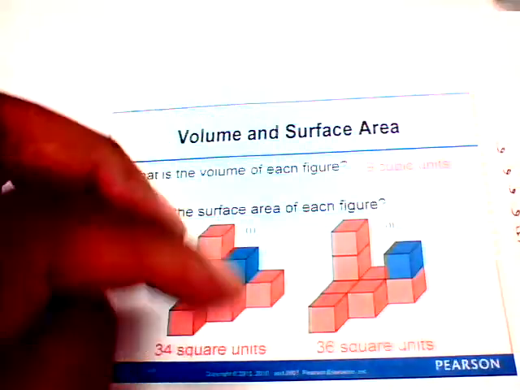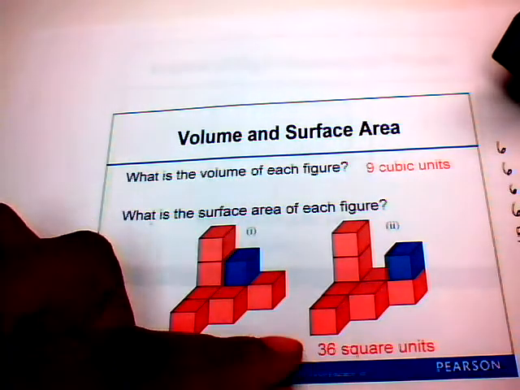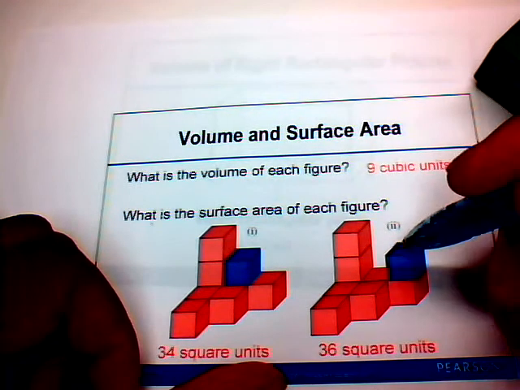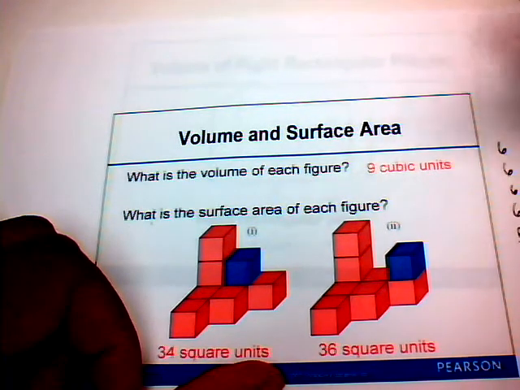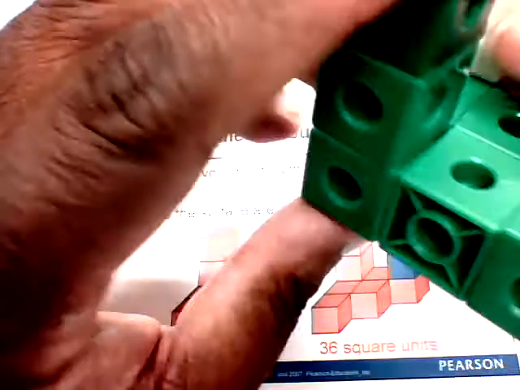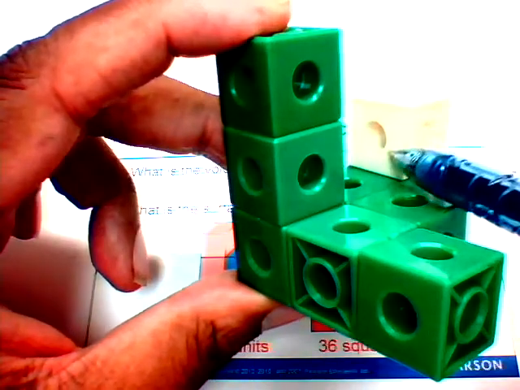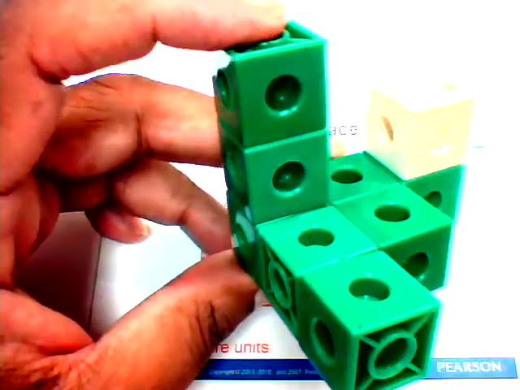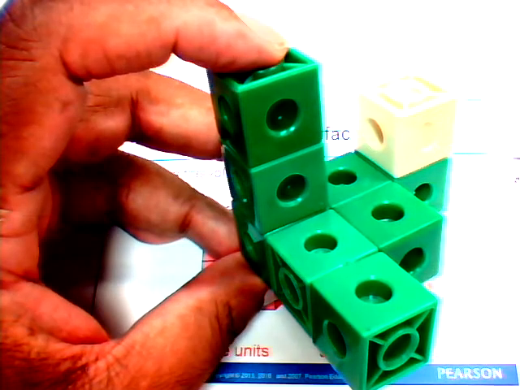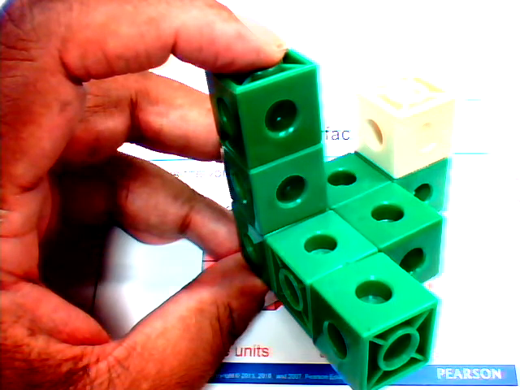Okay. And they did say 36 square units here, and I think that's from the extra face that's showing here. And I'm also missing, I don't know if you can see it, a face right here that's behind it as well. So that's 24, 29, 34, 35.